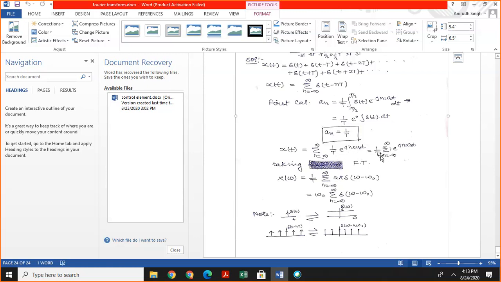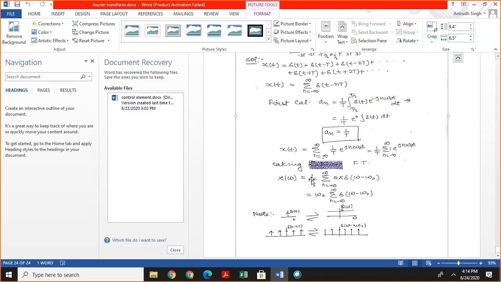We take this 1 by T out of the summation, and taking the Fourier transform of both sides, we get X of omega equals 1 by T summation from minus infinity to plus infinity of the Fourier transform of exponential j n omega naught t, which is given by 2 pi delta omega minus n omega naught.